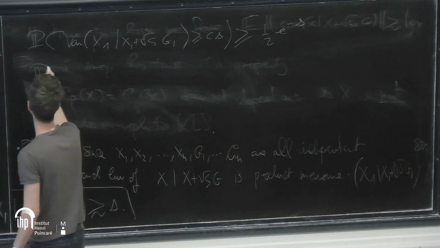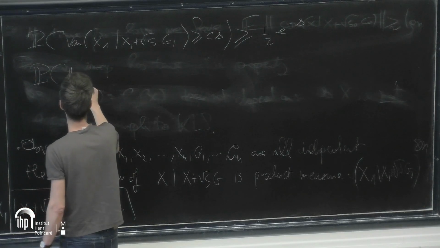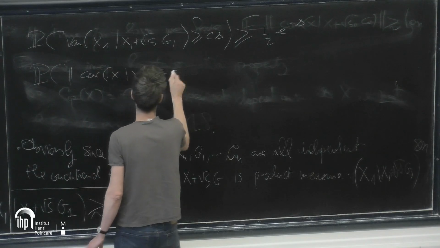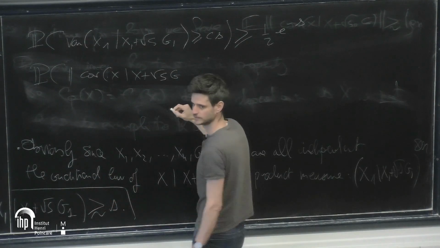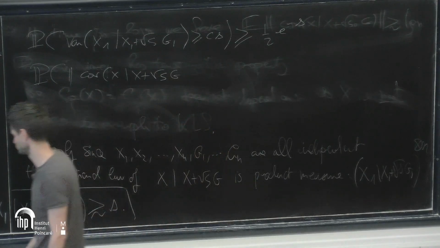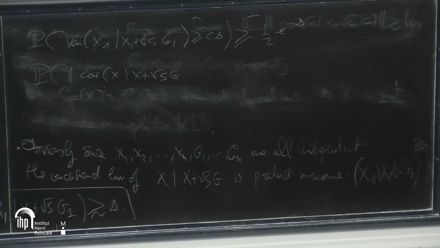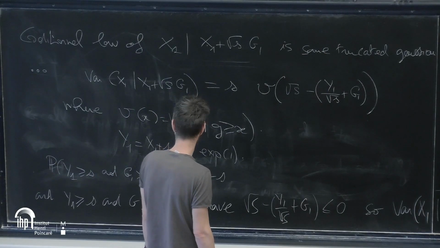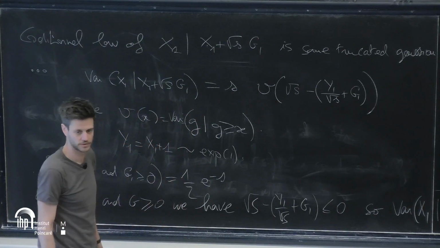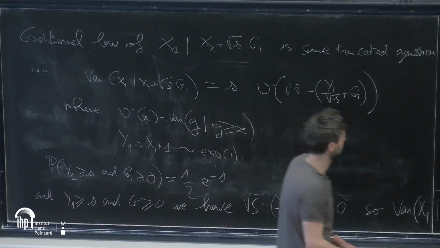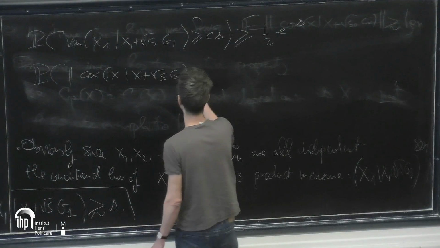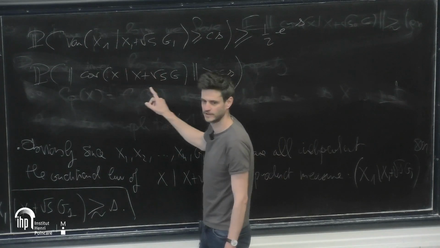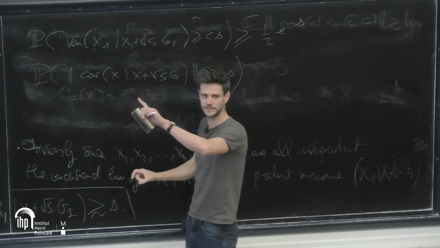And so the probability, by the union bound, then the covariance of x conditioned on x plus square root s g, no, not the union bound, sorry. So this matrix is just a diagonal matrix, okay?